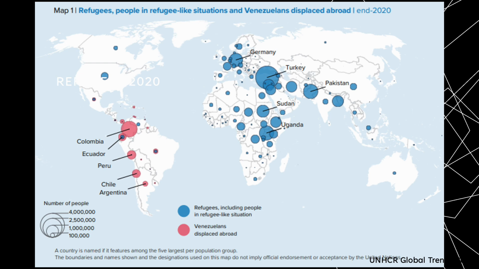You can see that in relation to the global north or high-income countries, the vast majority of refugees around the world are residing in low and middle-income countries or the global south. Those top countries highlighted here: Turkey, Pakistan, Sudan, Uganda, Colombia.